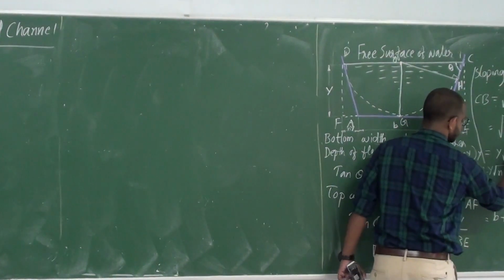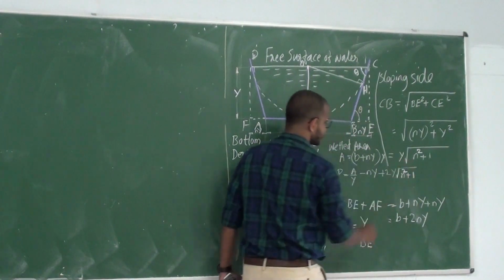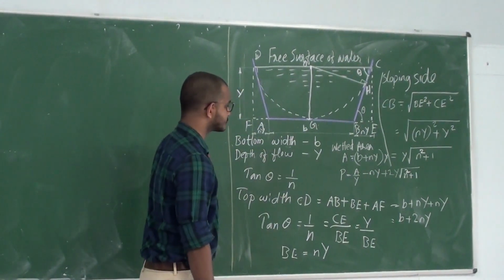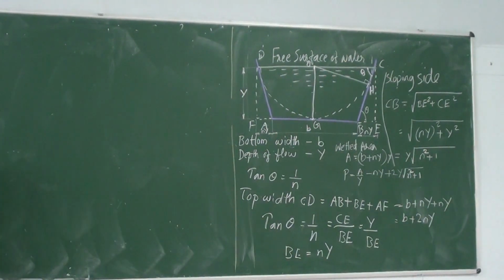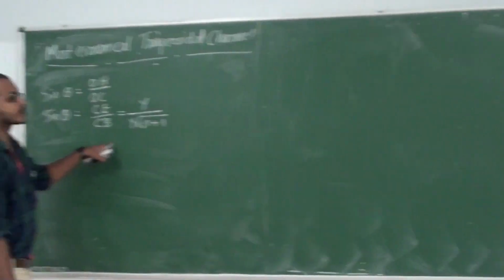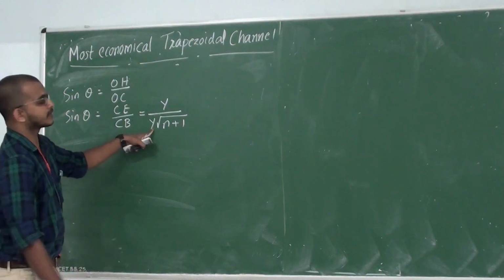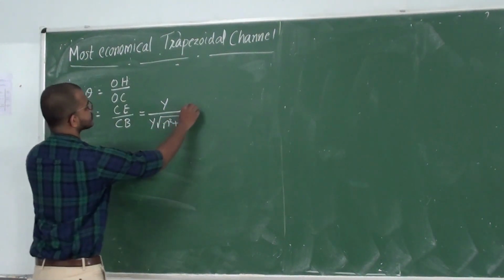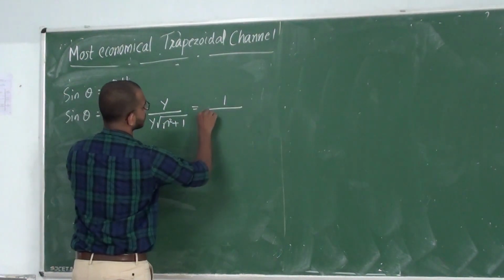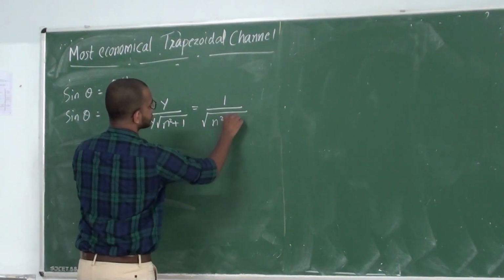There is a mistake here: y into square root of n square plus 1. So C by CB is y divided by y into square root of n square plus 1, which is 1 divided by square root of n square plus 1.